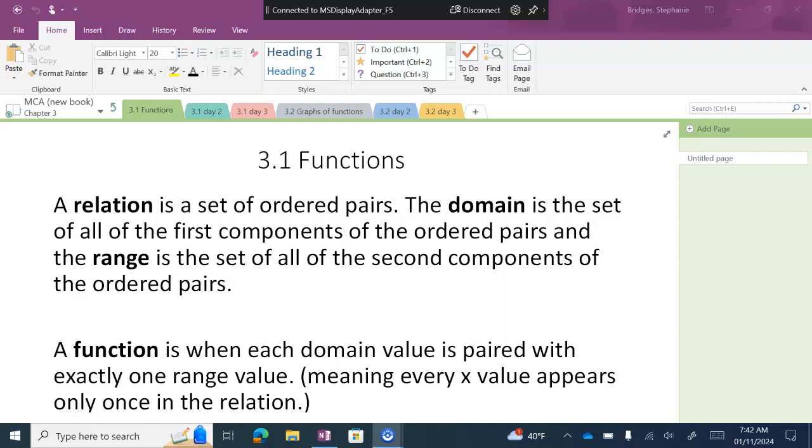And then the range is the second set of components or the y values in your relation or your function. So again, a relation is simply a set of ordered pairs. And when I ask you for the domain, just list the x values in that relation. And when I ask you for the range, you just list the y values of that relation.